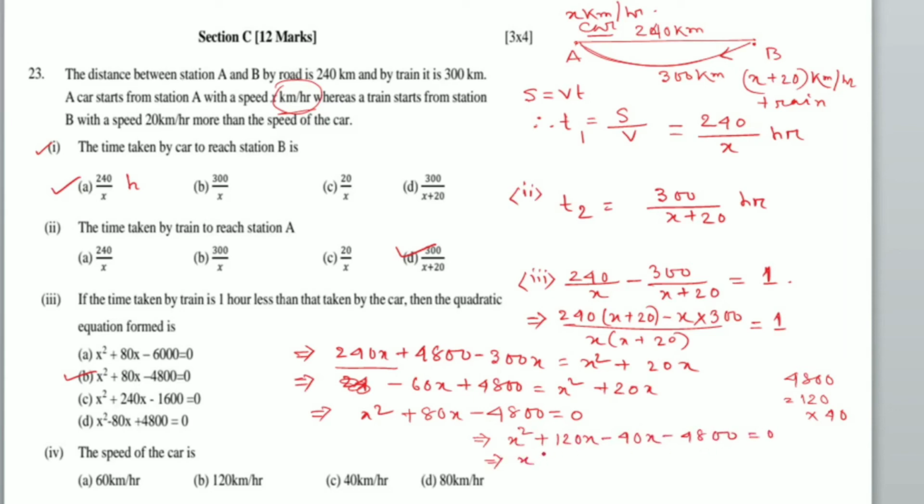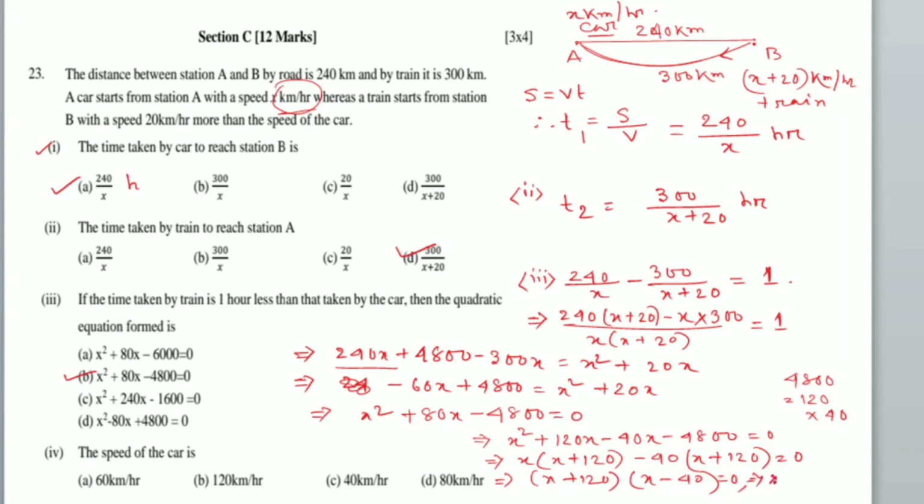Taking x common, it will be x into x plus 120 minus 40 common into x plus 120 is equal to 0, so x plus 120 into x minus 40 is equal to 0. From this we get x equal to minus 120 or 40, but minus 120 is not possible because velocity is not negative. So here we take 40. Therefore the speed of the car is 40 km per hour. So option C is the right answer.